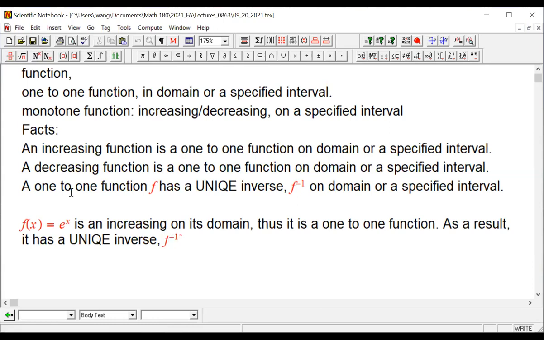And what is that f inverse? We know how to find inverse, don't we? Would it be y equals ln of x? That's right. That's exactly where we're leading ourselves to. Then you understand how to find inverse, right?